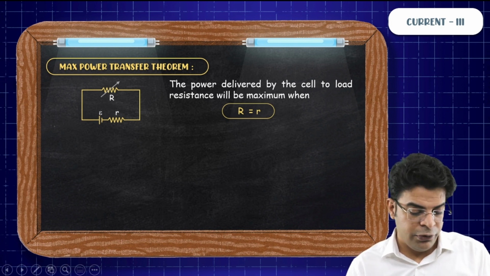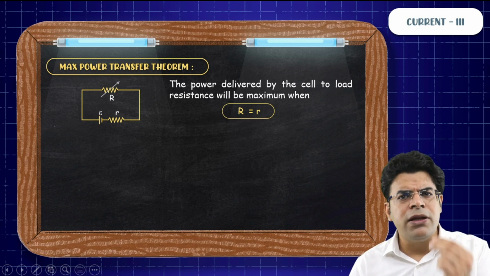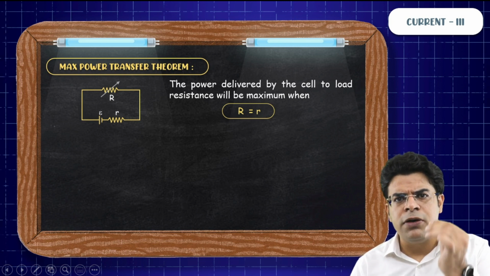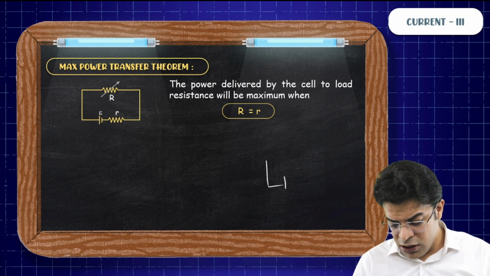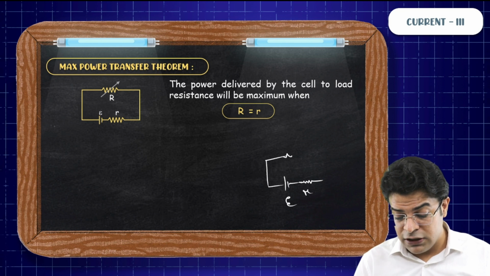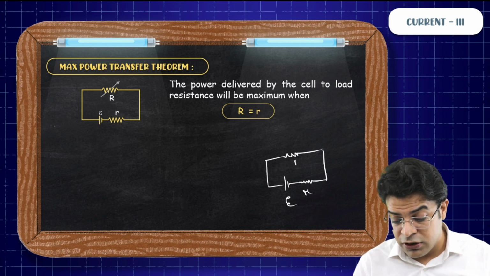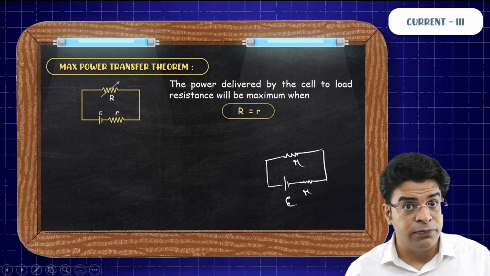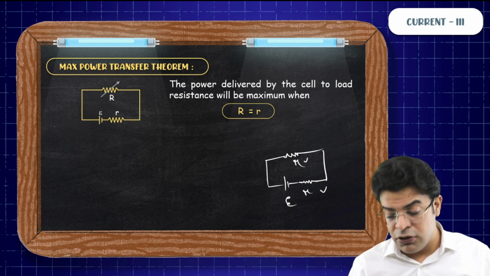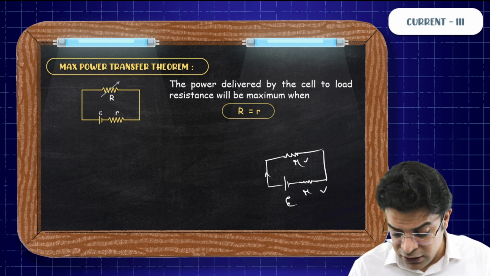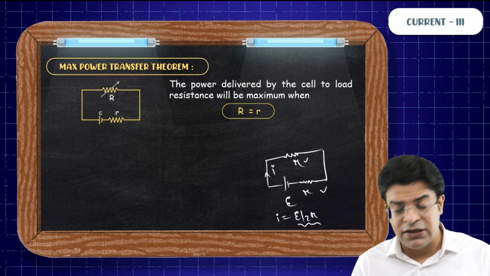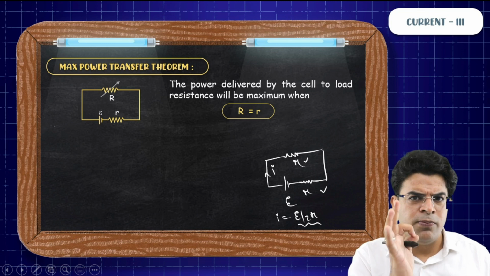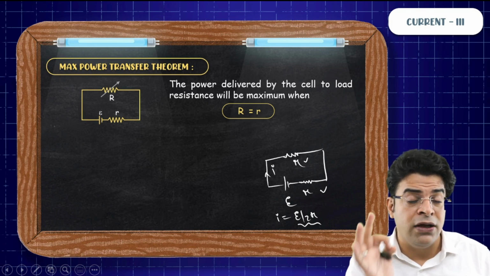Keep this in mind. Now, the question is, what will be the magnitude of this maximum possible power dissipated by the load resistance? The theorem tells me that the power dissipated by the load resistance will be maximum when the load resistance equals the internal resistance. In that case, the current in the circuit has to be E by 2R. Using this current, I can find the maximum possible power dissipated by the load resistance.